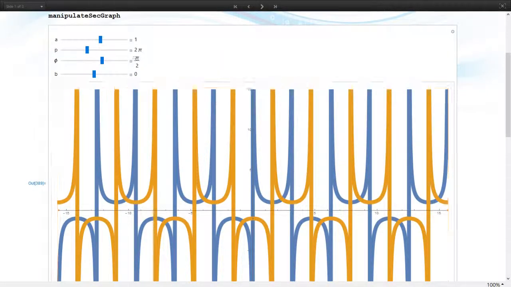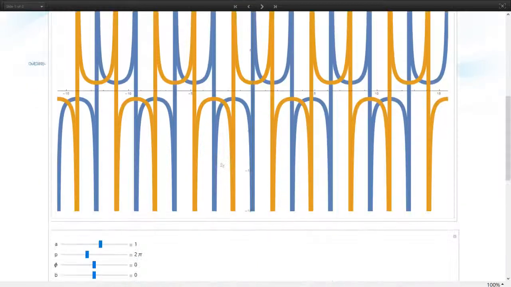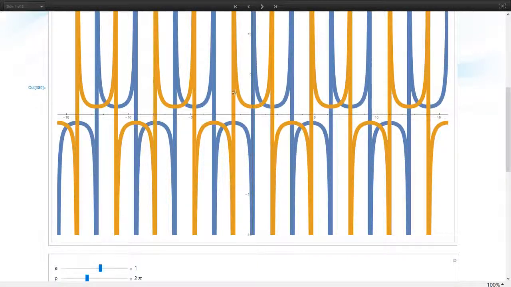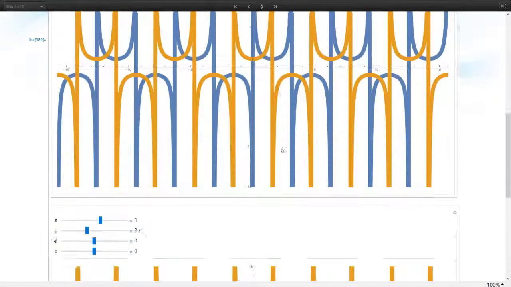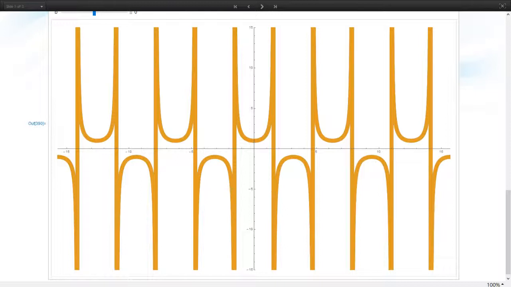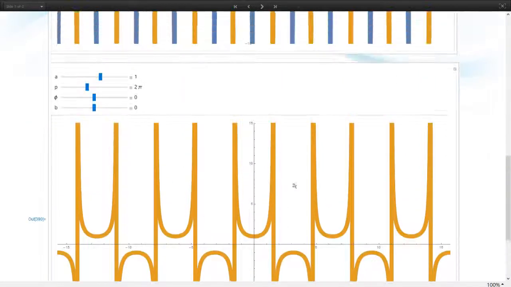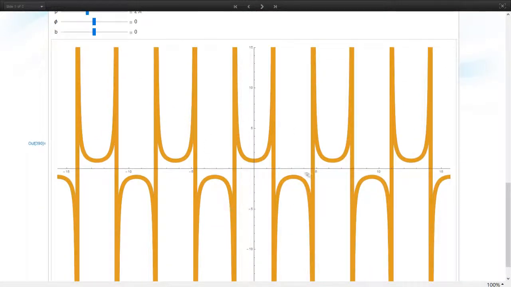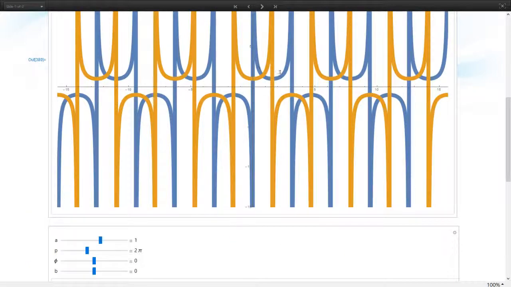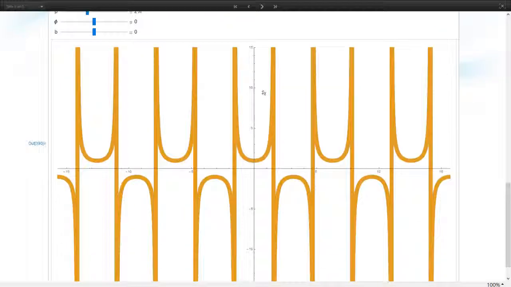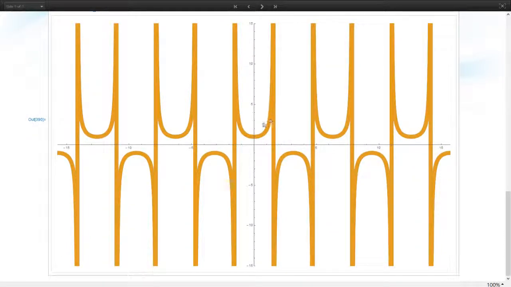Let's shift it over negative pi over 2. There we go. Notice that the yellow curve is now positive in the fourth quadrant and the first quadrant, and negative in the third quadrant and the second quadrant, just like our secant graph down here. So shifting the cosecant graph to the left by pi over 2 gave us the secant graph.